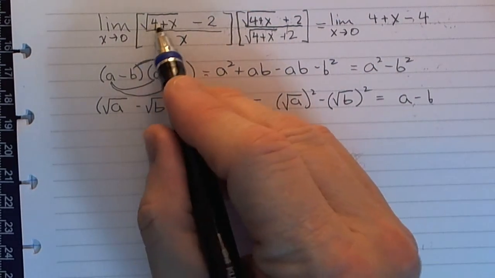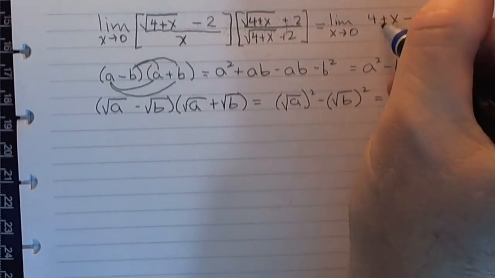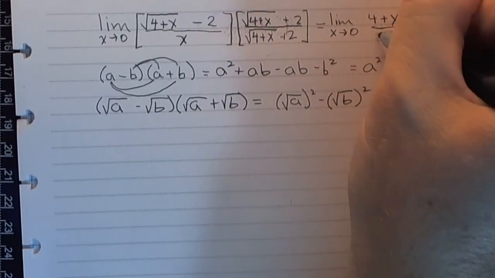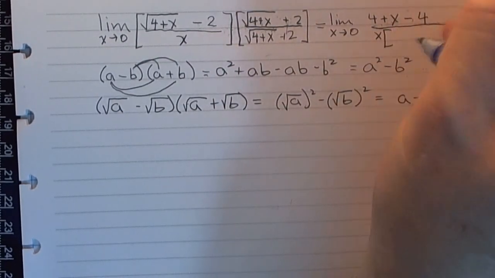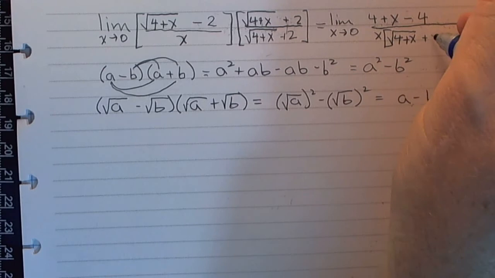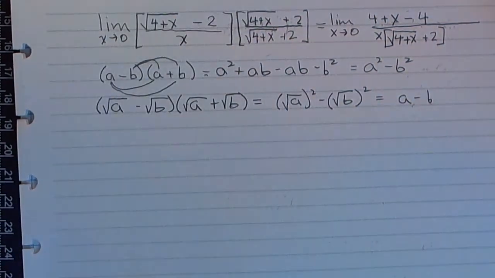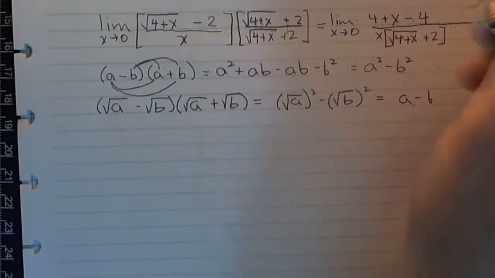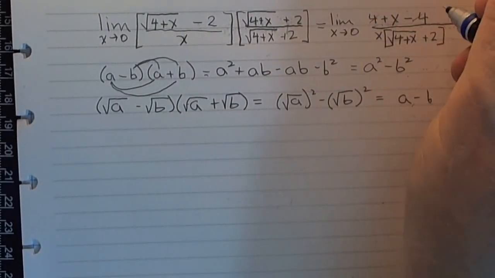A squared, square the square root, you get this. Now, down on the bottom, we've got x times this whole thing. Now, notice these 4's cancel out.